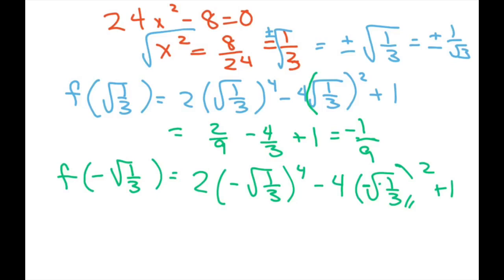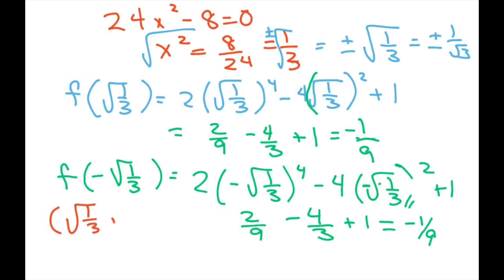And that's going to equal 2/9 minus 4/3 plus 1, which also equals negative 1/9. So the points of inflection are square root of 1/3, comma negative 1/9, and negative square root of 1/3 and negative 1/9 again.